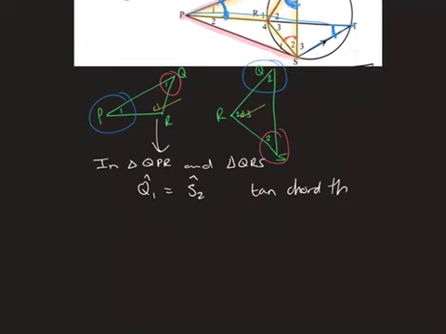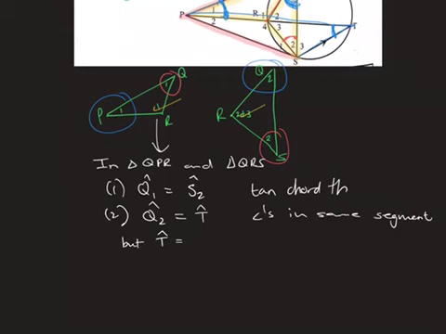Then, that's for angle 1. For angle 2, we have Q2 equal to T, angles in same segment. But T equals P1 because of alt angles. Please don't forget your parallel lines, otherwise you don't get a mark for that step.